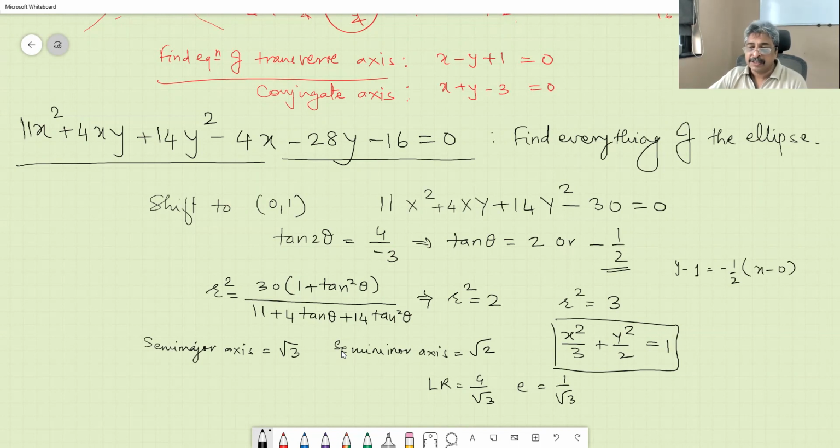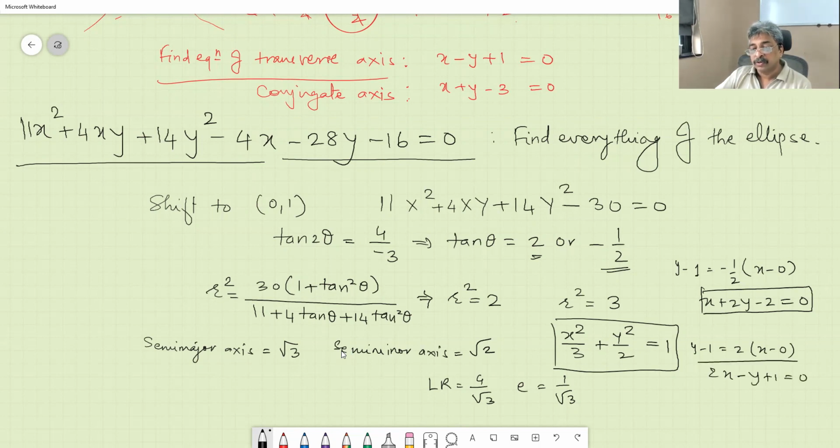That is your major axis, which is x plus 2y minus 2 is equal to 0. And minor axis is because of 2. Therefore, y minus 1 is equal to 2 times x minus 0, and therefore minor axis is 2x minus y plus 1 is equal to 0.